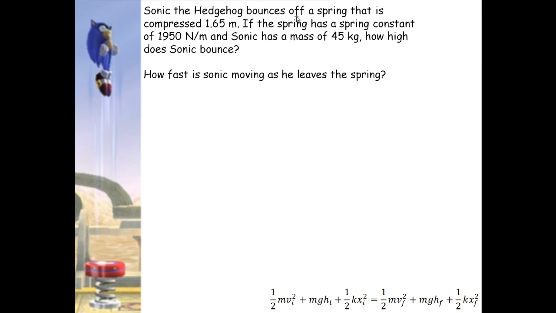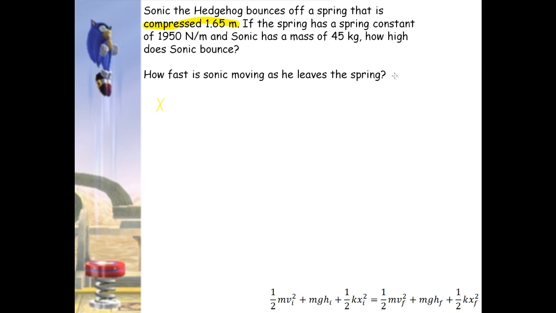So let's go ahead and start picking out our knowns, and we will highlight some of these things. I want to highlight that we have a spring that is compressed 1.65 meters, and so that comes down to its x.